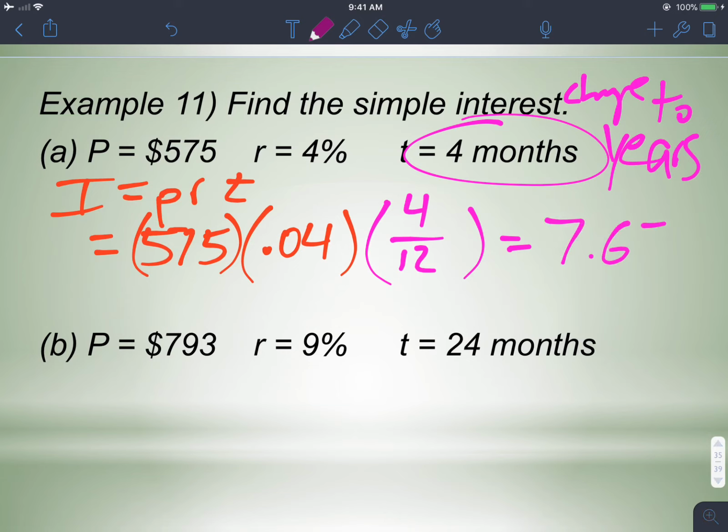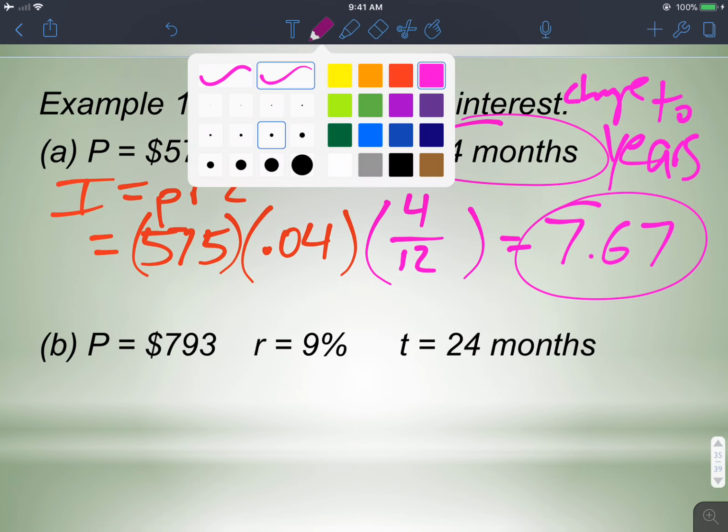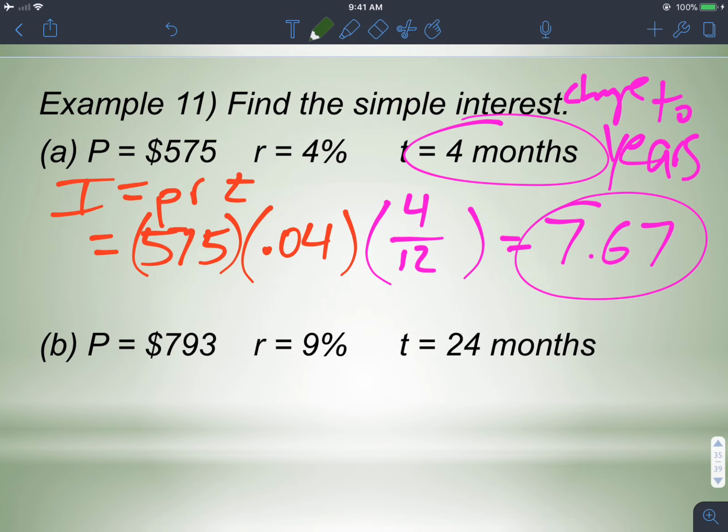So you would turn that fraction into what? Like it would be 0.33 times. Yeah, but I actually did it in the calculator. I did 575 times 0.04 times 4 divided by 12.